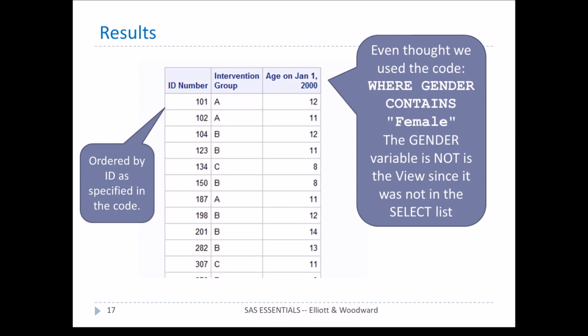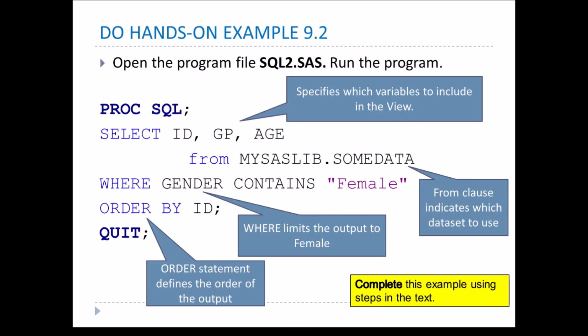And so here we have our results. Notice we have ID number, and notice it's in the order of the ID number. Notice we don't have any gender column. We told it to only use data that match females, but it doesn't show up anywhere in here. And the reason is it will only list those variables that are listed in the select statement.